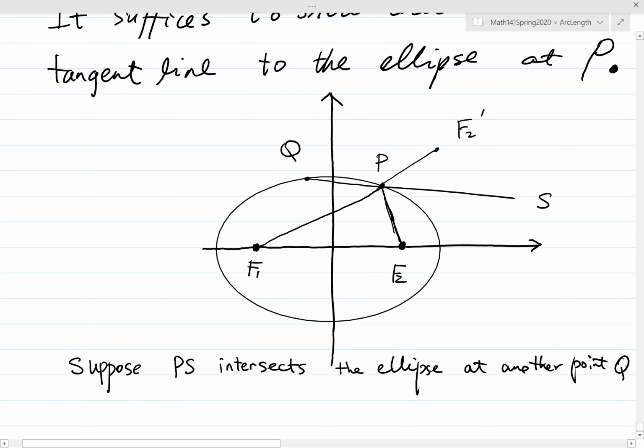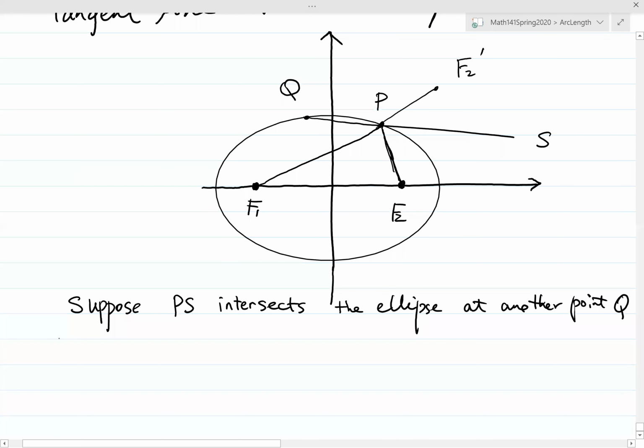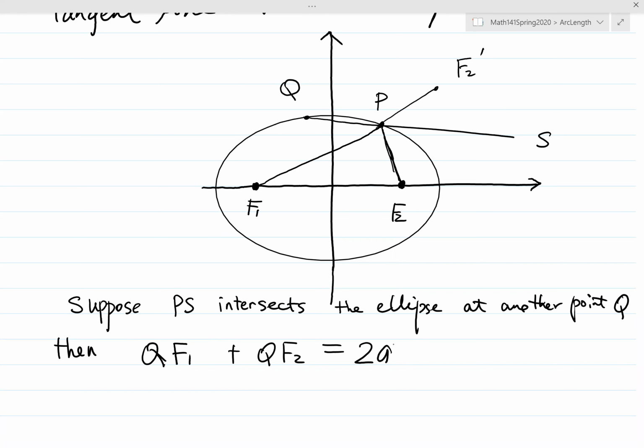Then what do we have? Then use the property of the ellipse. Then QF1 plus QF2, let's just erase this magnitude notation, that's QF1 plus QF2 is equal to 2A. 2A is fixed, A is fixed. 2A is the length of the longer axis.